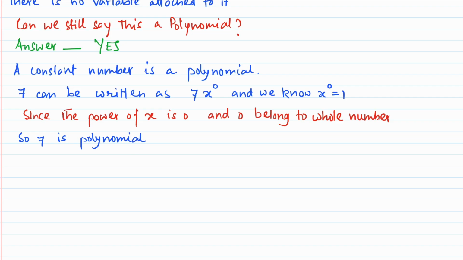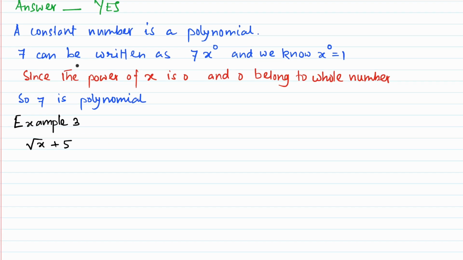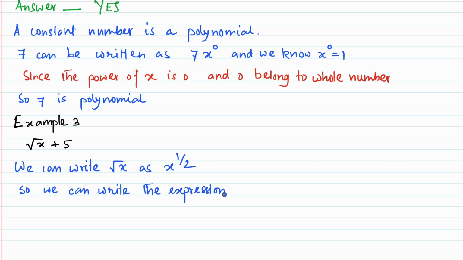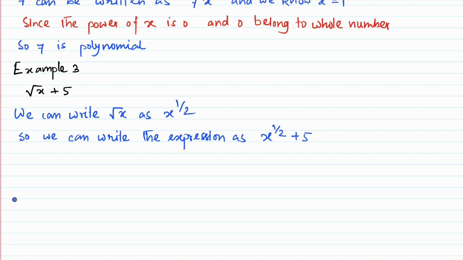So is it clear? We are following the rule of the power, that the power of any variable should lie within the whole numbers. Now let us see example 3: root over x plus 5. We can write root over x as x to the power half, so the expression becomes x to the power half plus 5.